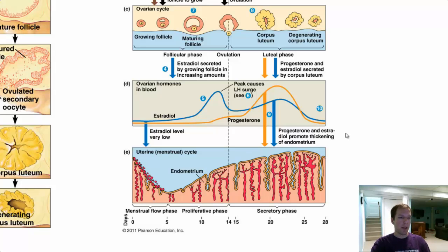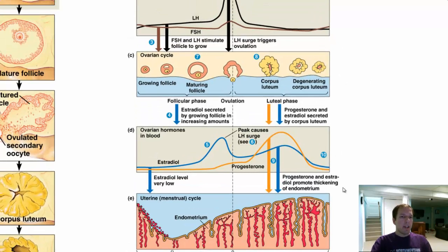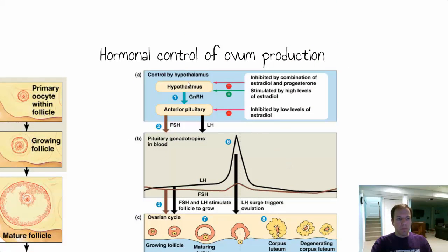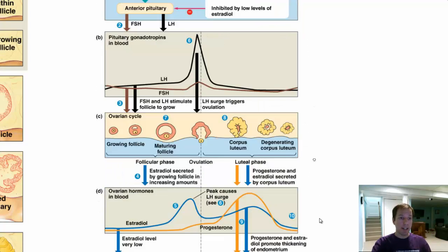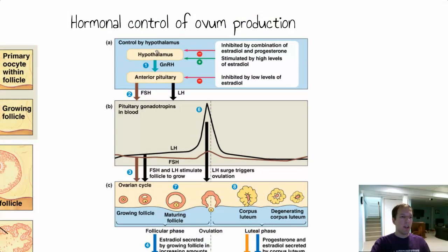for the next 4 weeks. Okay. Now, in terms of some feedback, the hypothalamus is going to have some negative inhibition by a combination of estrogen and progesterone. So if estrogen and progesterone are high, which again is happening at this stage or during a pregnancy, then there's going to be no production of GnRH.